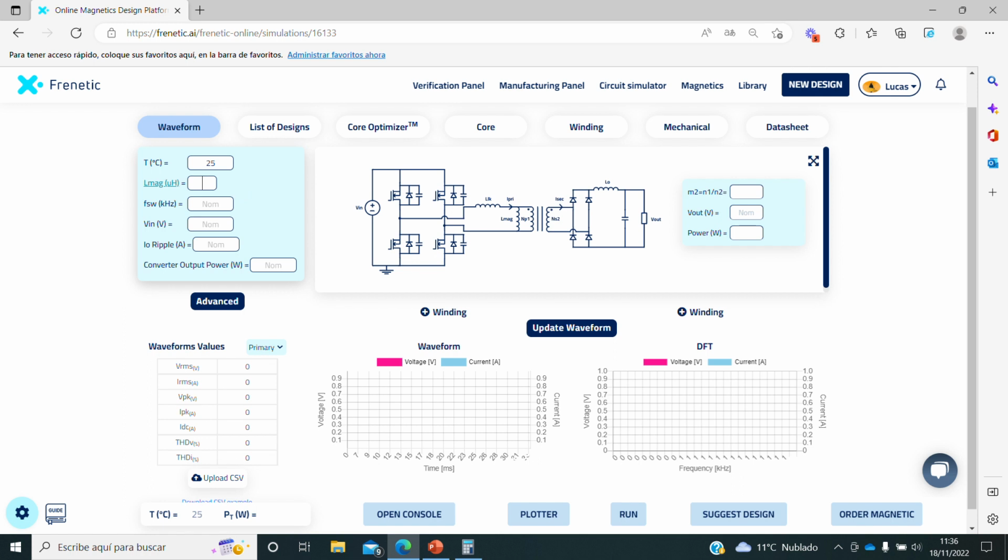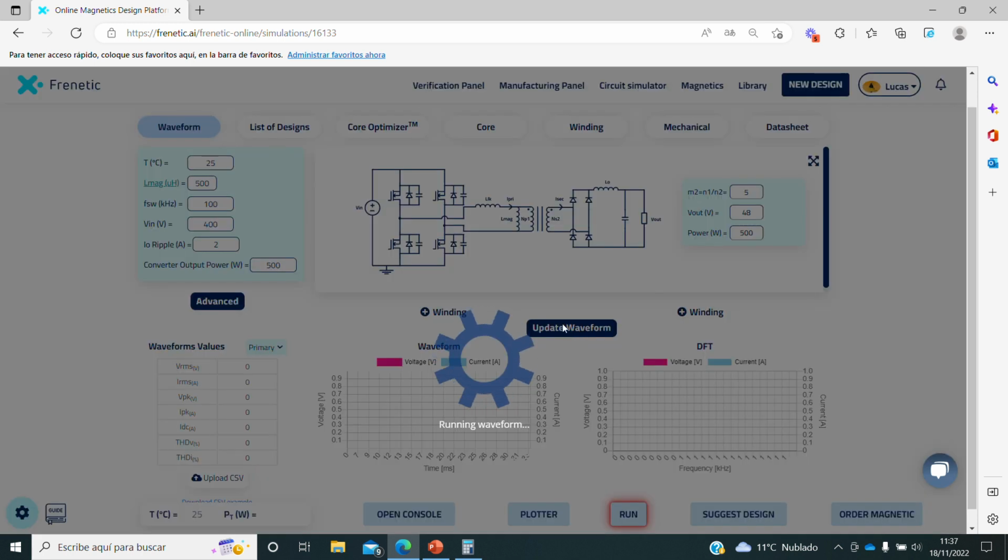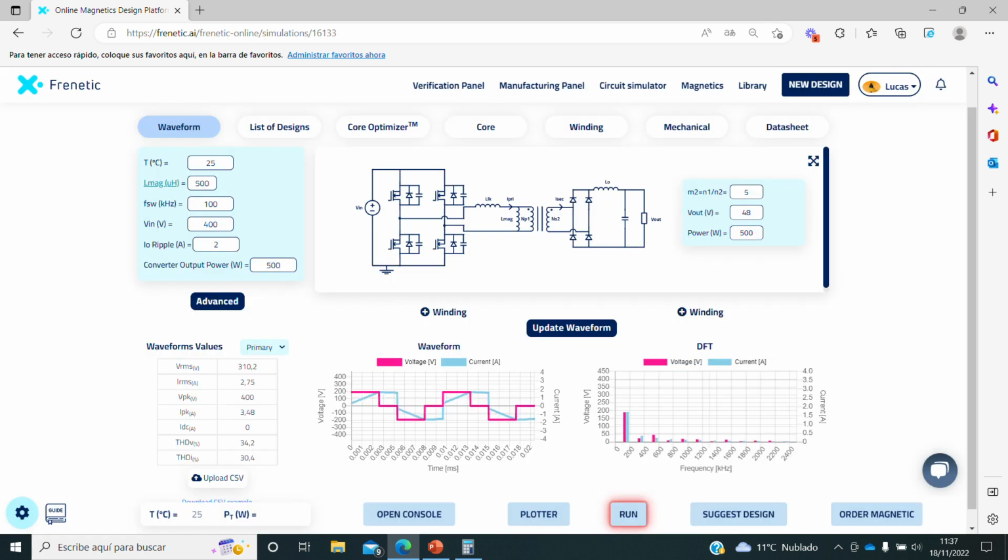We have a 500 watts phase shift full bridge transformer with a magnetizing inductance of 500 micro, a switching frequency of 100 kilohertz, an input voltage of 400 volts, an output current ripple of 2 amps, a power, as I said, 500 watts, turns ratio of 5 to 1, 48 volts, battery output, 500 watts. Now, here we have the voltage and current across the primary and secondary windings, and now we need to select a core. And how to do that?